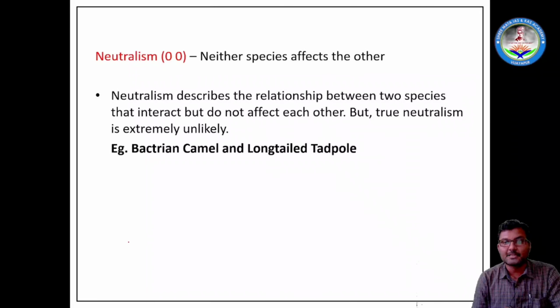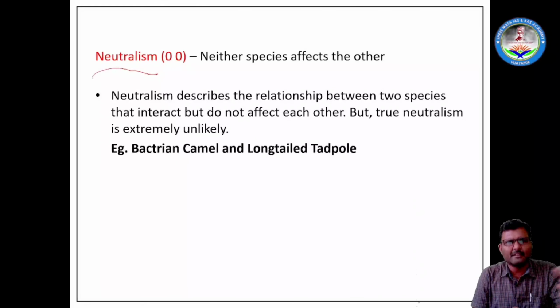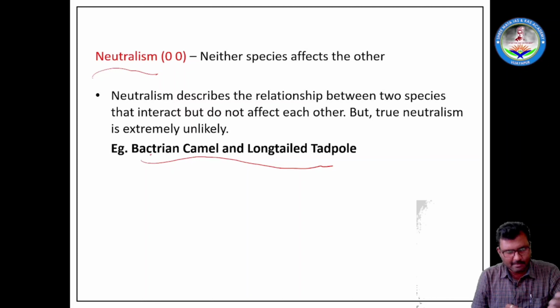Neutralism describes the relationship between two species that interact but do not affect each other. But true neutralism is extremely unlikely; very rarely can we find it. Take the Bactrian camel and the long-tailed tadpole, the best example of neutralism.